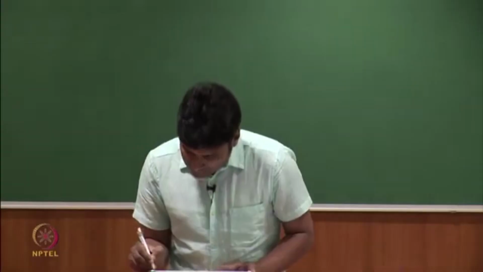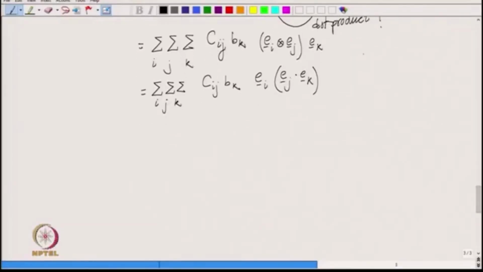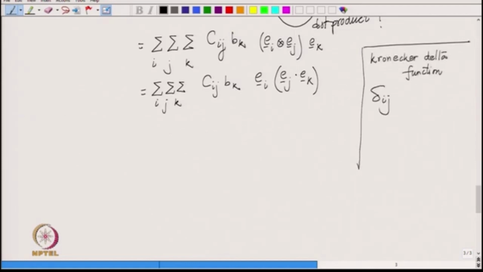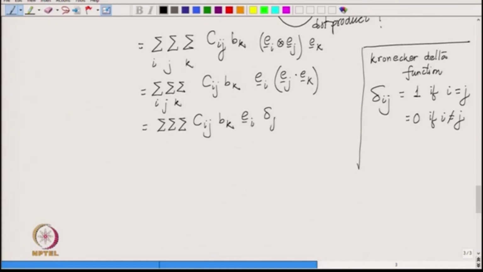So, there is a very nice function in mathematics which is called the Kronecker delta function, and we write it as delta subscript i j, and we say it is equal to 1 if i equals j, and it is equal to 0 if i is not equal to j. Okay. So, we can use this Kronecker delta here, and it becomes triple summation C_ij B_k e_i delta_jk.